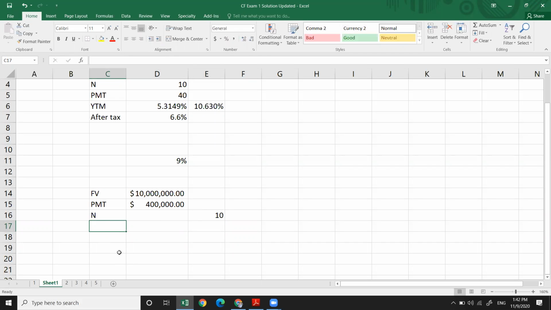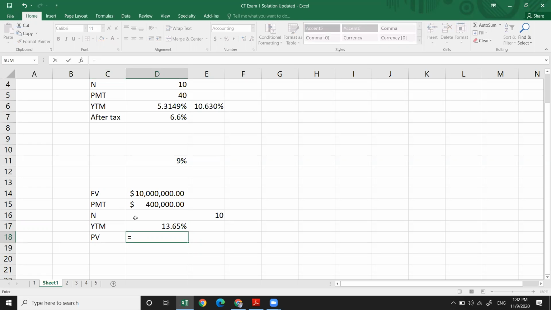Then we have YTM equal to 13.65%. And if you want to find the present value of the bond, use the rate, which is given here, number of periods, payment, and face value, and we'll get a negative number.